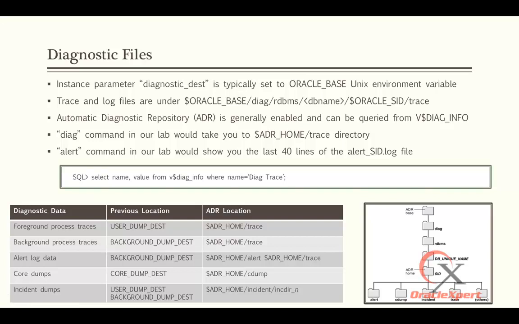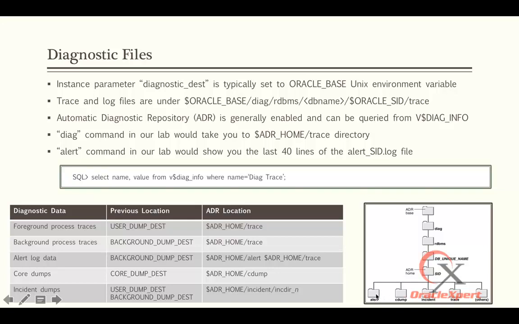Now DB unique name is another parameter in your parameter file, which defaults to the name of the database or DB_NAME parameter's value. Now within that there would be a case sensitive Oracle SID. SID is nothing but your Oracle system identifier, which typically is the name of your Oracle instance, and this is what is called the ADR home for this particular database.